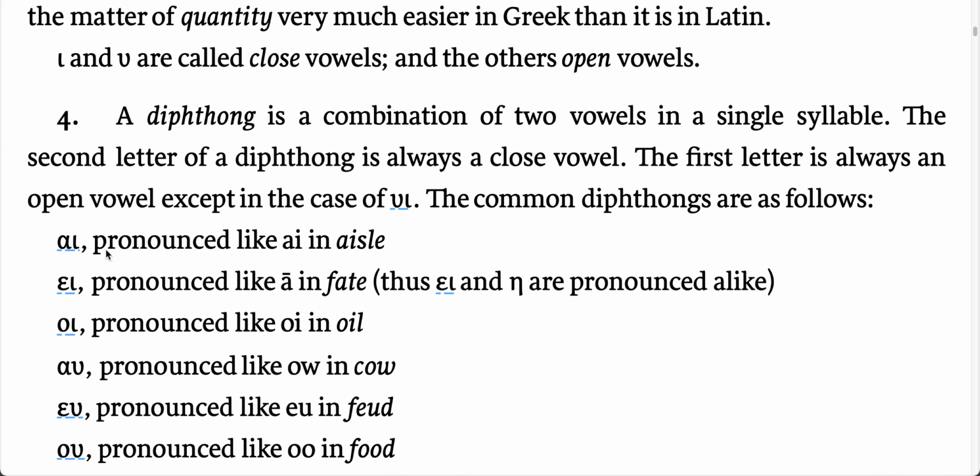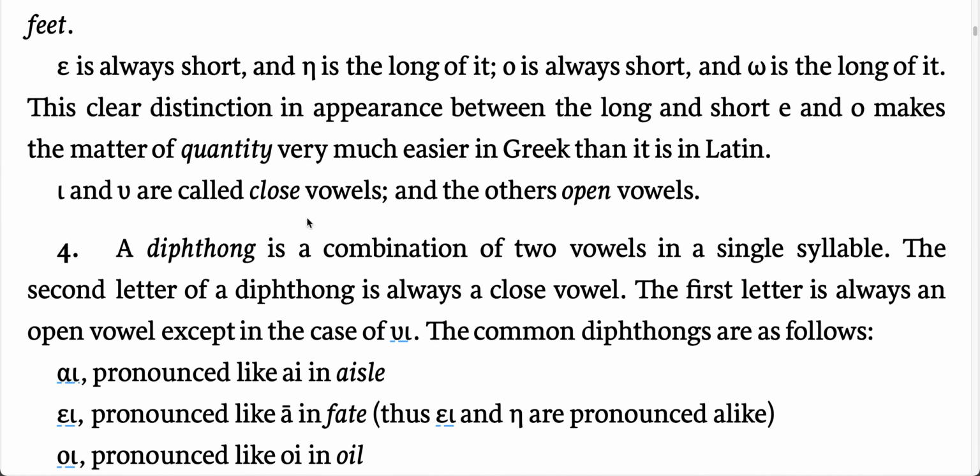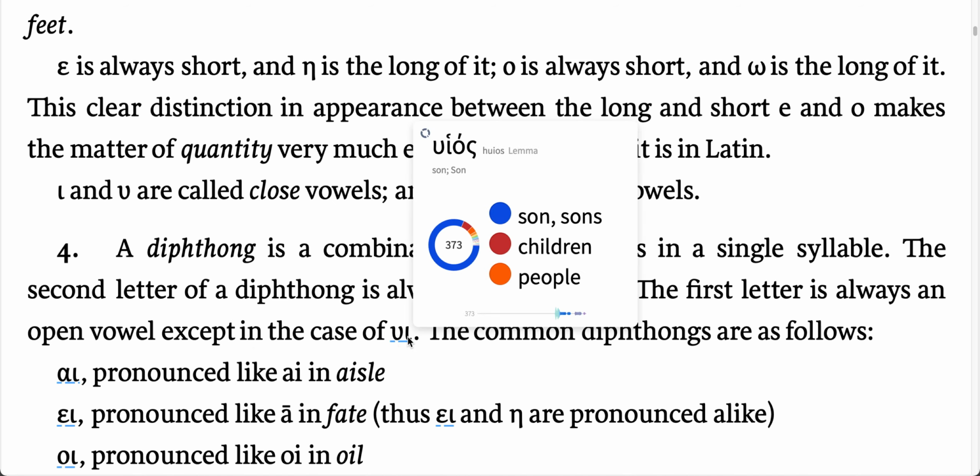So here are the common ones: alpha iota, epsilon iota, omicron iota. Okay? And then alpha upsilon, epsilon upsilon, omicron upsilon. Notice the iota and the upsilon are closed vowels. So it's always an open vowel, then a closed vowel. The first letter is always an open vowel, except in this case, you have an upsilon iota.